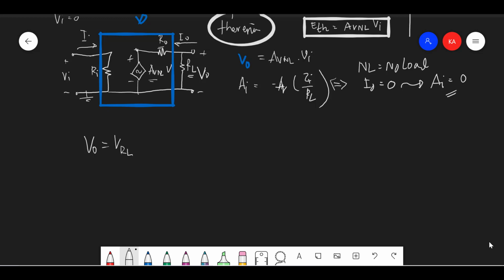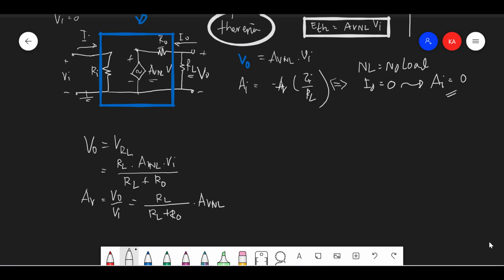Okay, so by using the voltage divider, VO is equal to VRL, which is RL·AVNL·VI per RL plus RO. Okay, so the AV here is VO per VI, so it's equal to RL per RL plus RO, times AVNL.